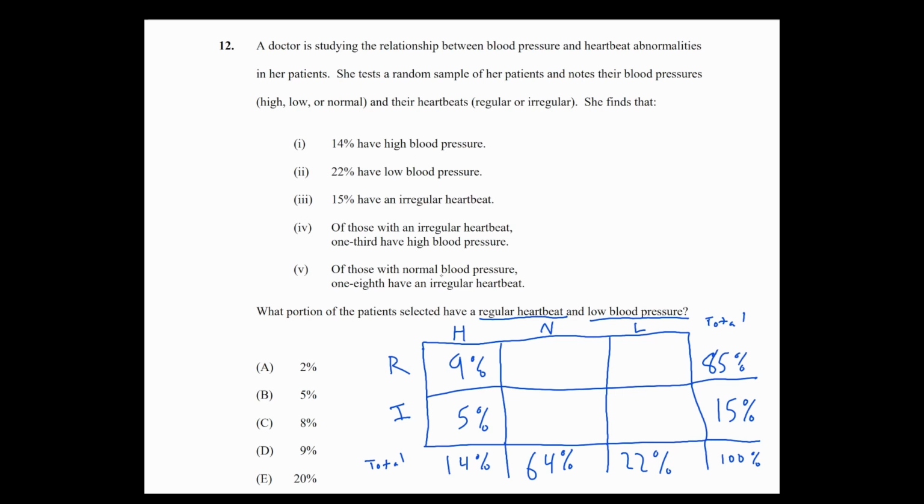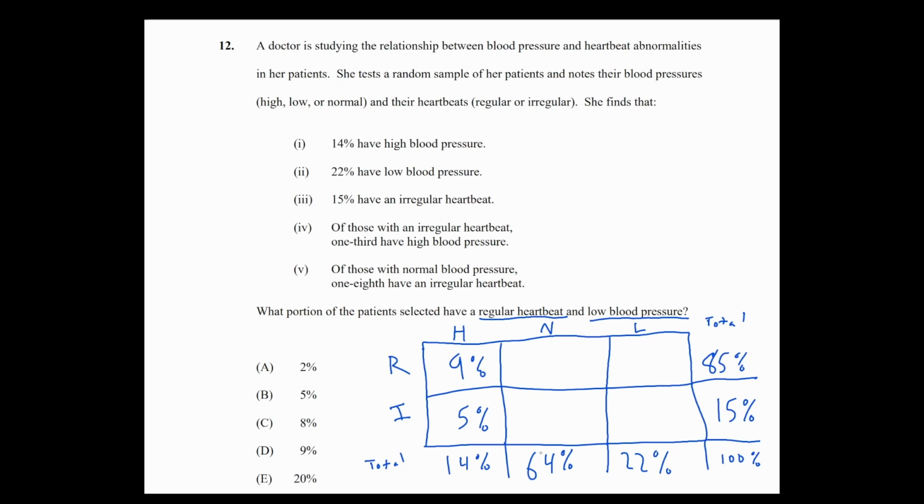Of those with normal blood pressure, 1/8 have an irregular heartbeat. So we go to the column of normal blood pressure, and 1/8 of these people have an irregular heartbeat. So column N, row I. Since we're in column N, we have 64% of the population, and 1/8 of them have an irregular heartbeat.